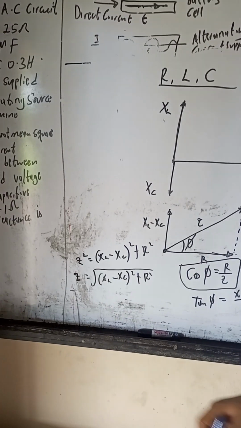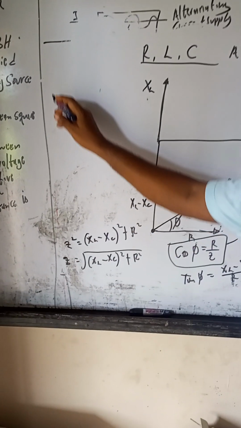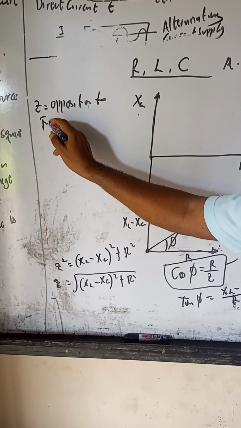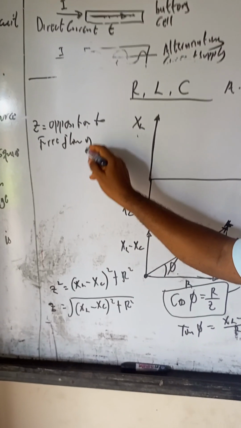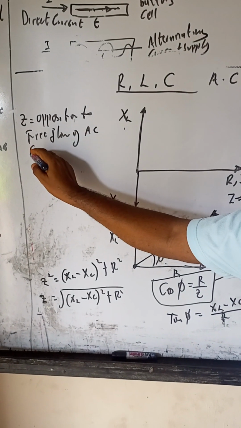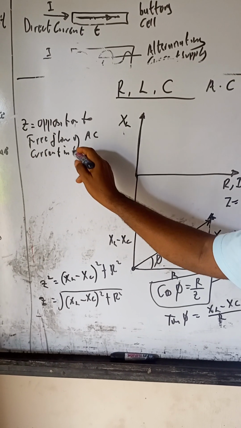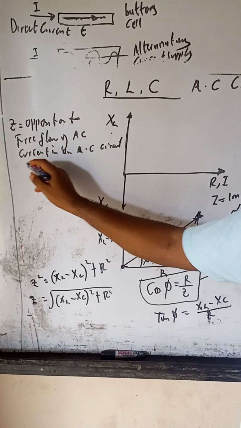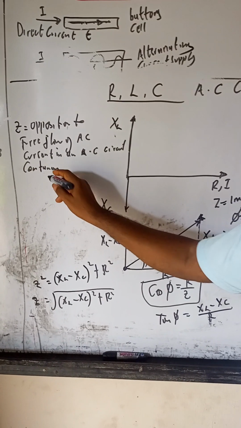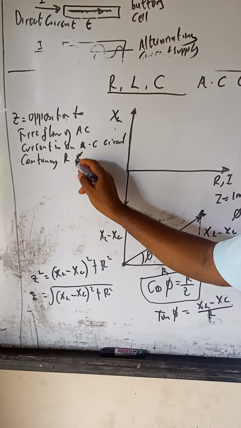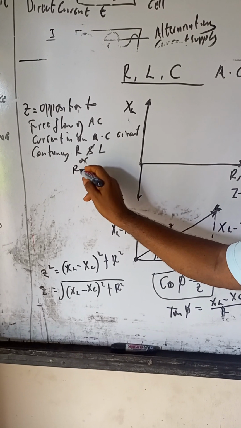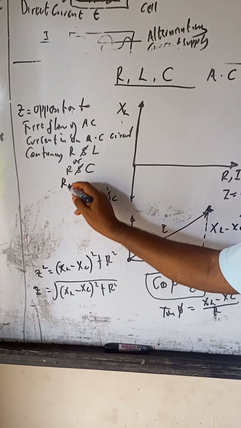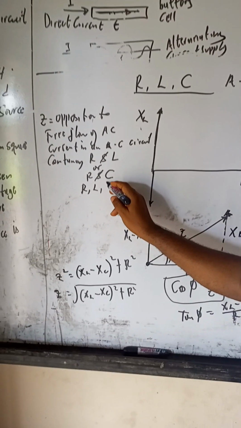So the meaning of this impedance is the opposition to free flow of AC currents in an AC circuit containing either resistor and inductor, or resistor and capacitor, or the three of them, resistor, inductor, and capacitor.